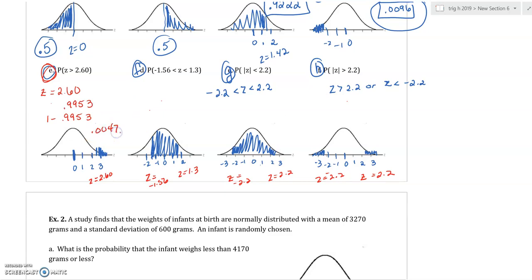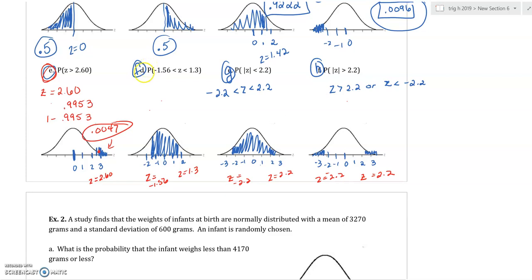So let's think about what that means. That means if you choose a data point at random, that is a very small chance, a 0.47% chance that your data will be to the right or more than 2.6 standard deviations from the mean.